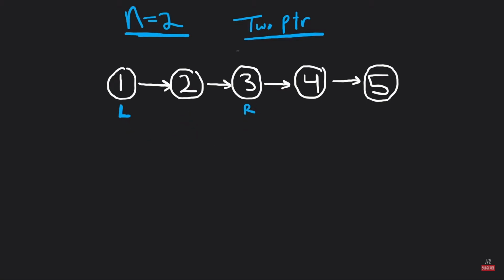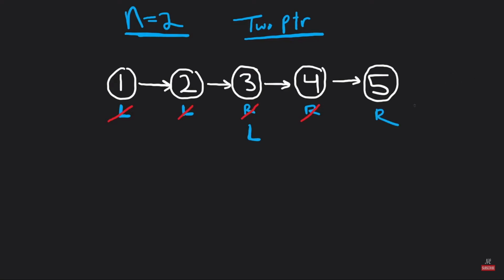So now we're just going to keep shifting our pointers until this right pointer is at the end of the list, and watch what happens when we do that. We're just going to be shifting each pointer by 1, and this makes sure that the space between these pointers is exactly equal to n, which is 2, right? Now we're going to shift by 1 again, making sure that the gap between them is still 2.